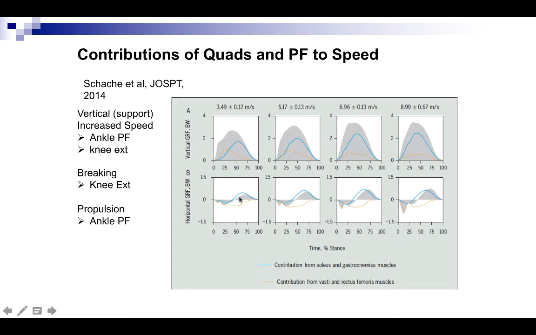And so the gist is that there's a trade-off in terms of what the muscles do to balance the trunk, but the key role of the plantar flexors can't be emphasized.